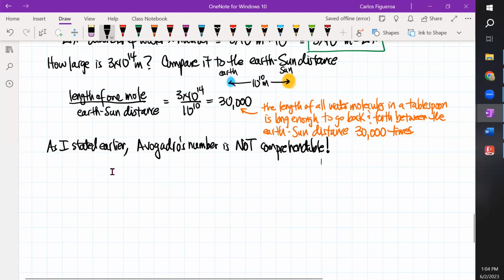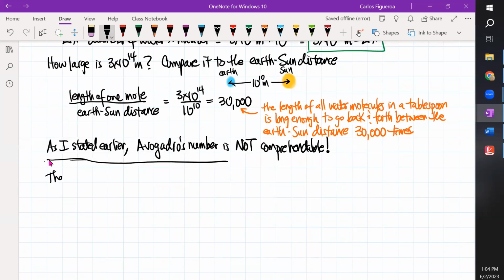How do you comprehend that? So now that we've talked about this, let's step away from this. This is not the way we envision Avogadro's number.